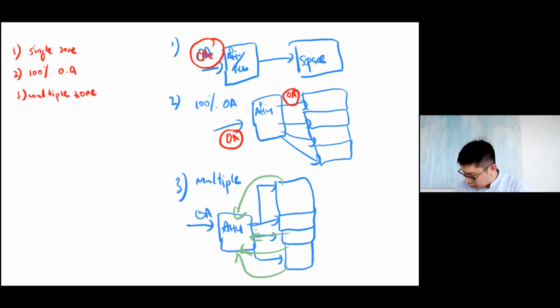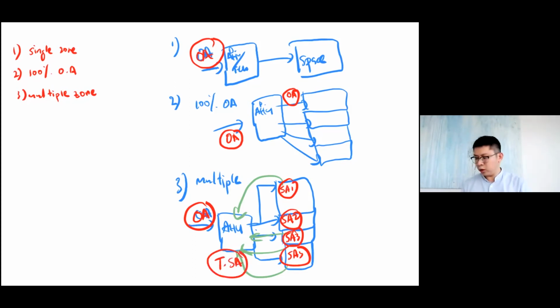In this case, this number is important, and the supply air into each zone is important, and the total supply air into all the zones is important for the input. That's it for the input for the VRP calculator.